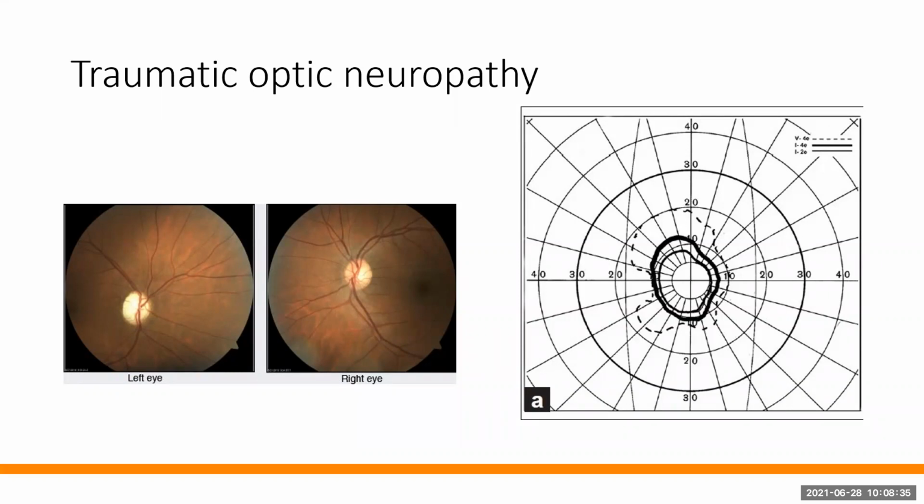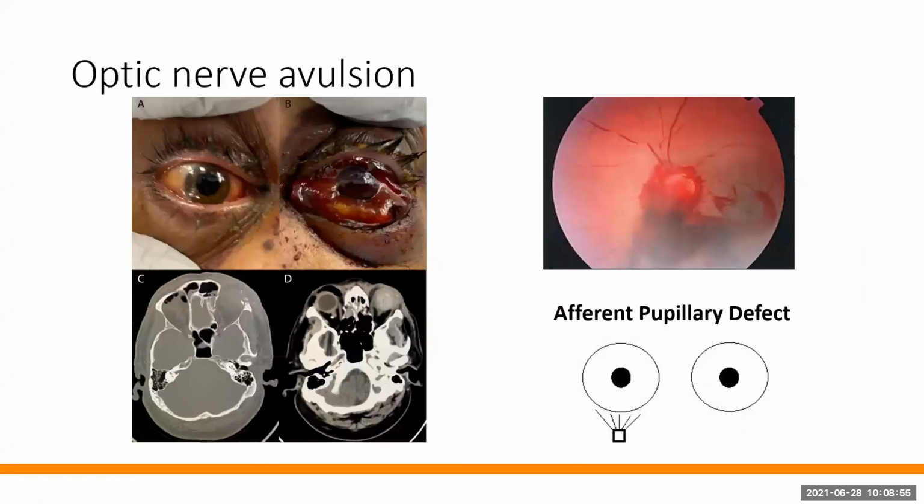They're pale because the retinal ganglion cells have died. And on the right-hand side of your screen is a visual field, which shows the area that the patient can see, and you can see their visual field is grossly constricted, so they can only see about the central 10 or 20 degrees of vision, and that's much lower than normal.